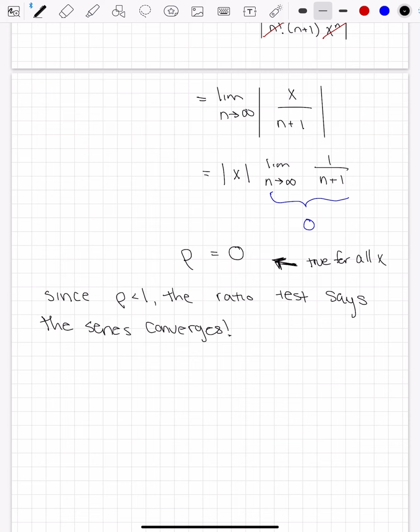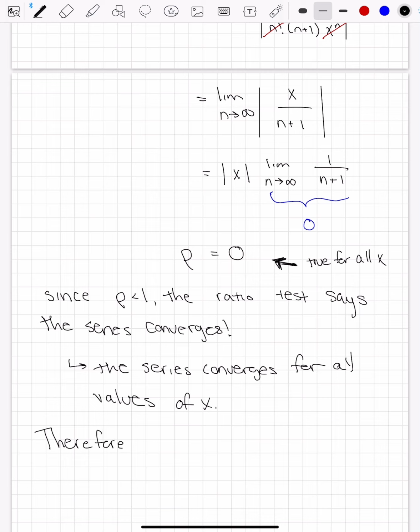So therefore the series converges for all values of x. Therefore, the interval of convergence is the whole entire number line.